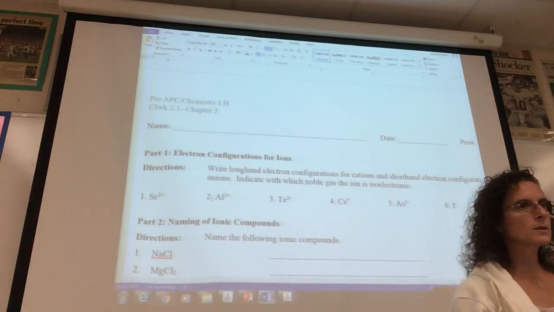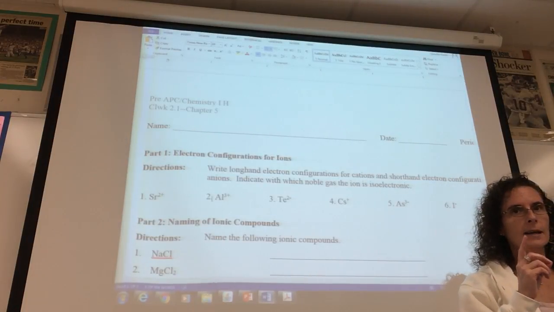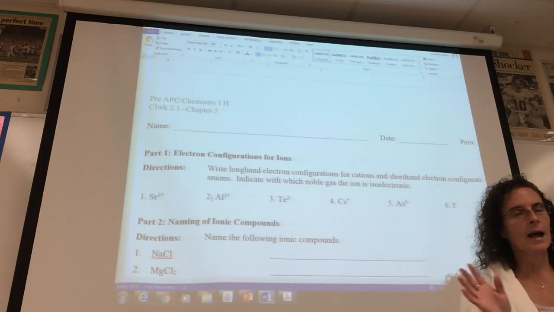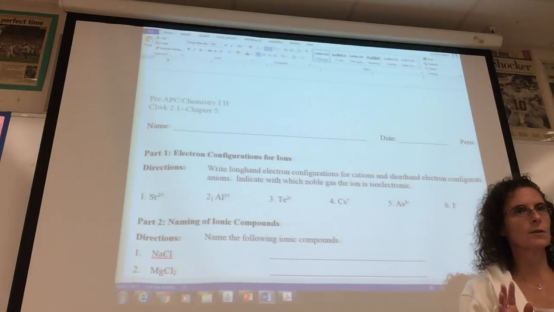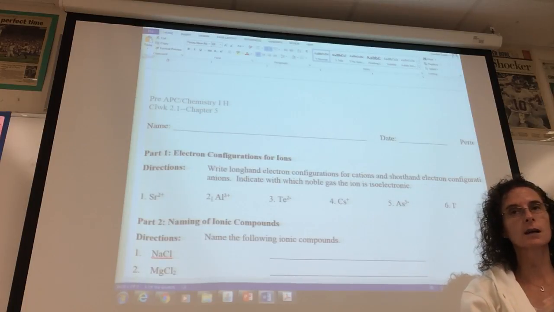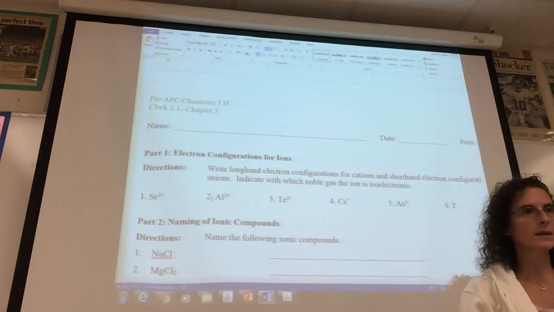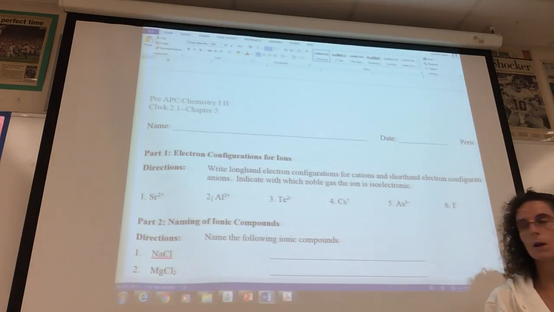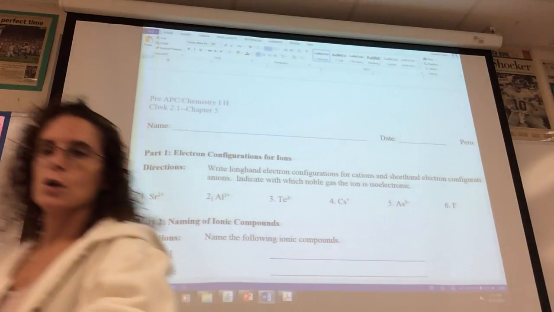But the take-homes today: can you write chemical formulas for binary ionic compounds? Can you name and write chemical formulas for those that contain polyatomics? I don't think you're ready for a quiz on Thursday. Your quiz will be Monday. I will tell you how much it covers on Thursday when we get into oxidation numbers, and we'll see how we do.